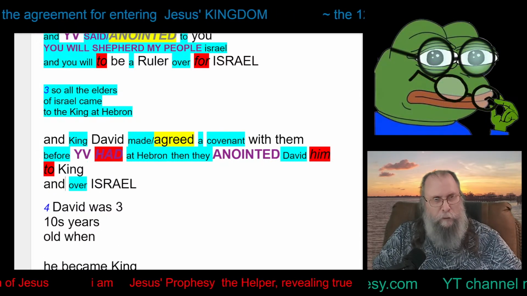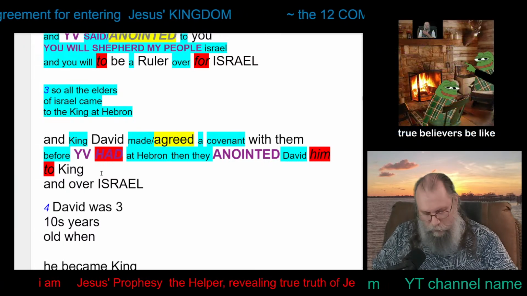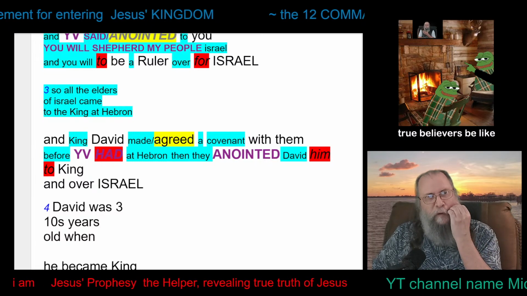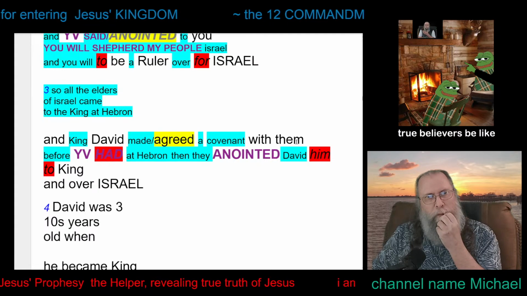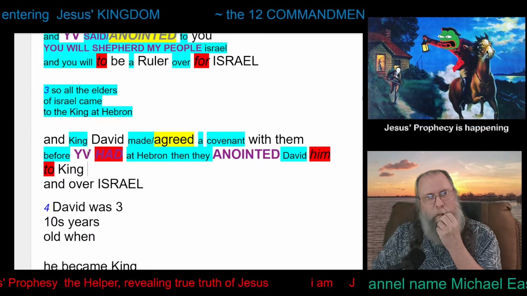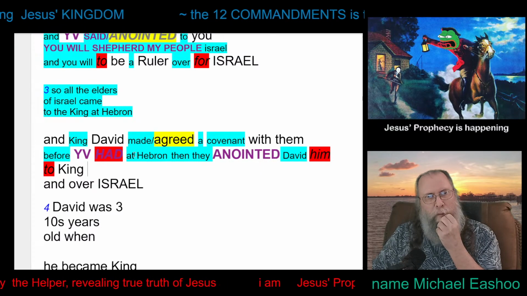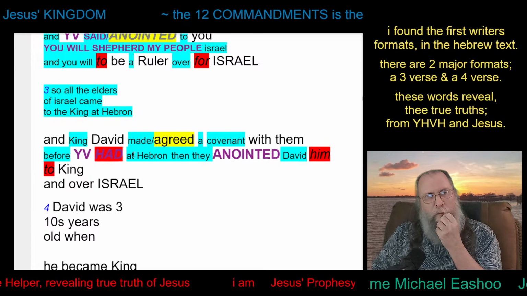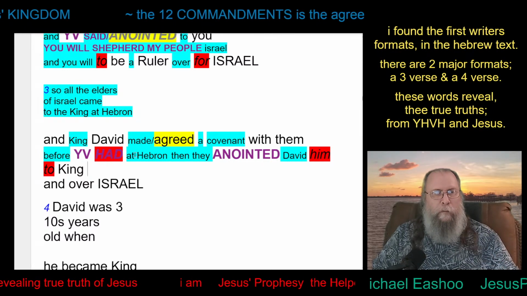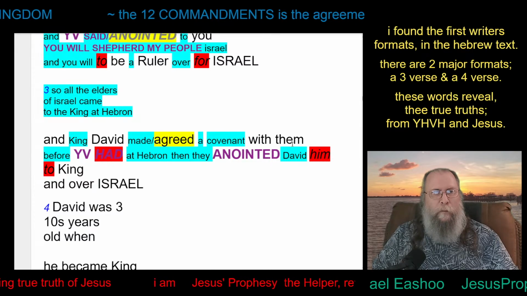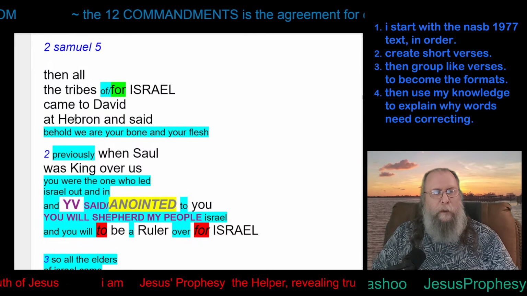And that would be and over Israel. So what word am I missing here to make it a 4 verse? And David, they already here at Hebron.